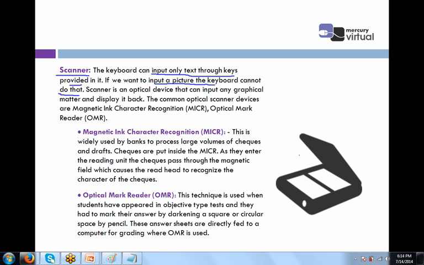In the same way, inputting a picture is done by the scanner. A scanner is an optical device that can input any graphical matter and display it back. We can simply put the paper on the scanner, and it scans and converts it into soft copy, into 0-1 form.